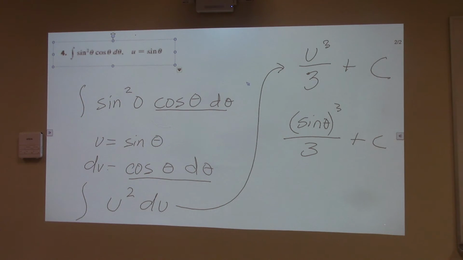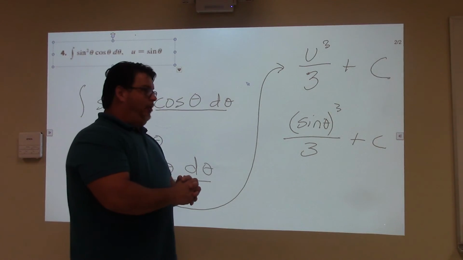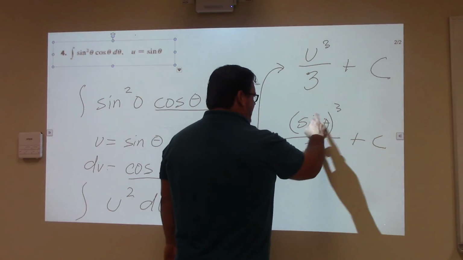Well, when you start the problem, you should memorize your trigonometric functions. You know that the derivative of sine is cosine. So you know this is already in the form of u du when you start the problem. You're supposed to, but that's a big if. How else can I write this?